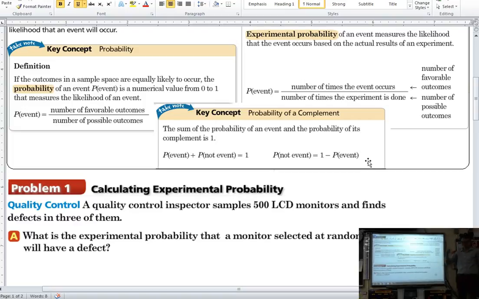The probability of your complement is just 1 minus whatever probability you have. The probability of the event happening and the probability of the event not happening must sum to 1. So most often, we just take 1 minus the event to find the not, or the complement. Any questions?